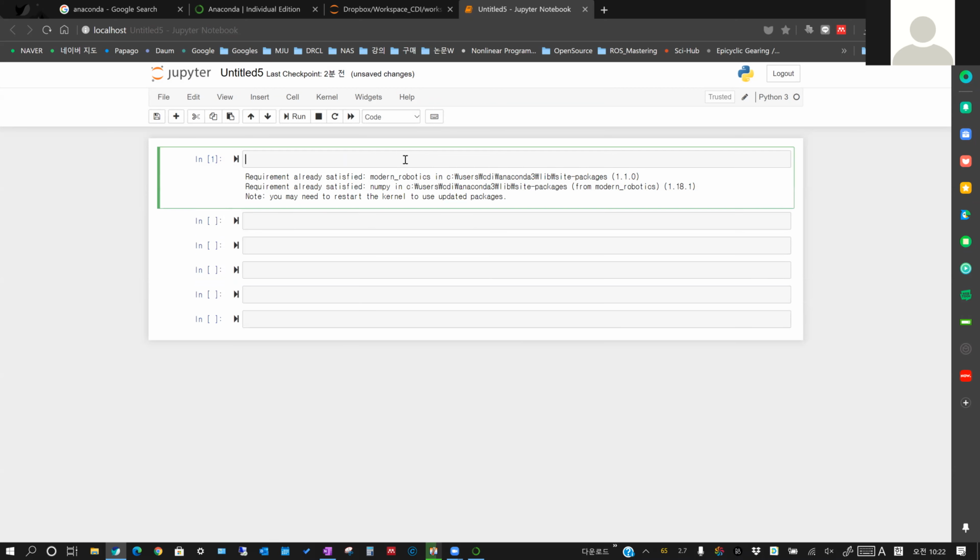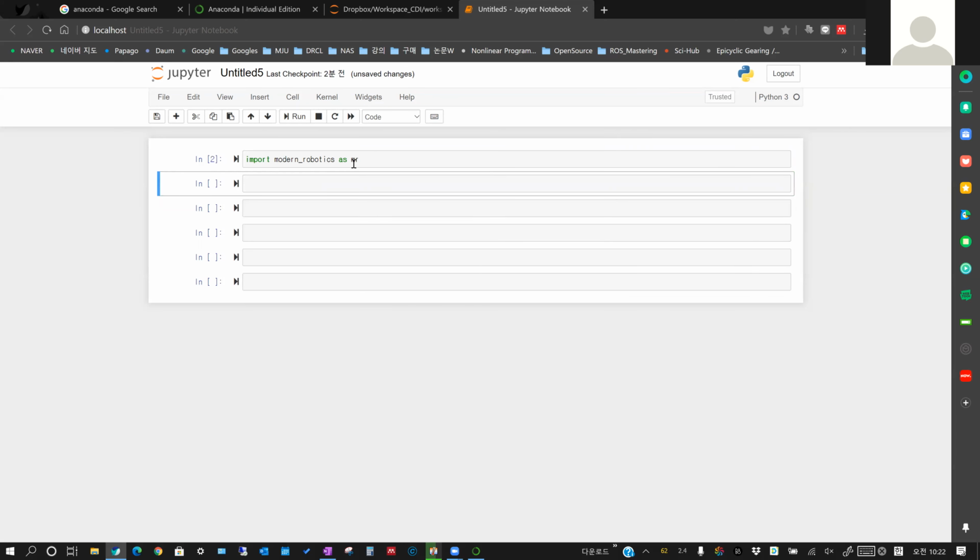If you want to use the modern robotics library, just type import modern_robotics as mr. Import is the same as include in the C language.